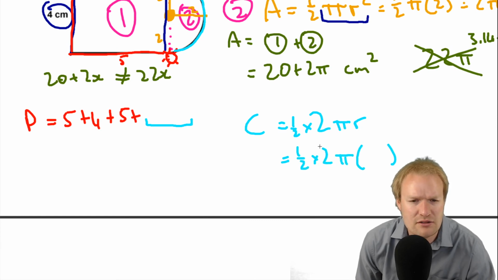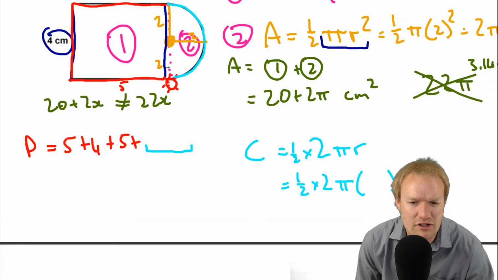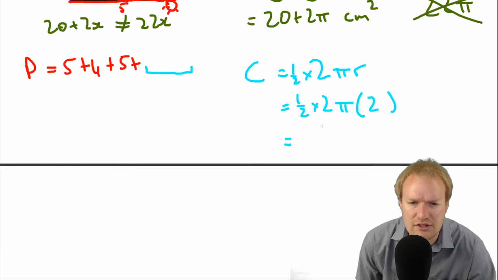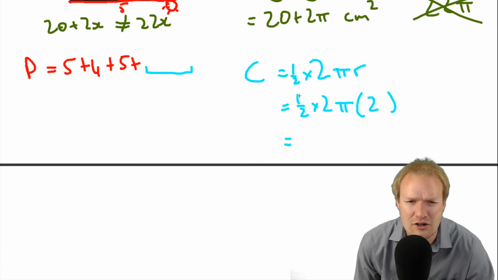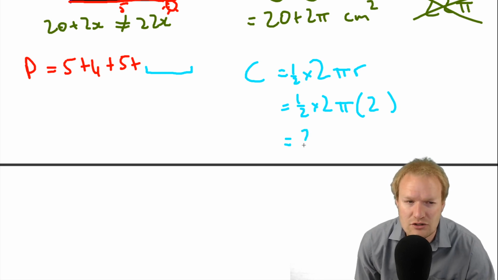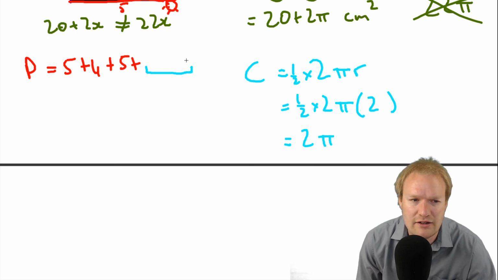What is our radius? Well, it hasn't changed, and it's useful that we jotted it down in the diagram. So half times 2 pi times 2. Half of 2 is just 1, 1 times 2 is 2, so 2 pi. Therefore this semicircular part is 2 pi.